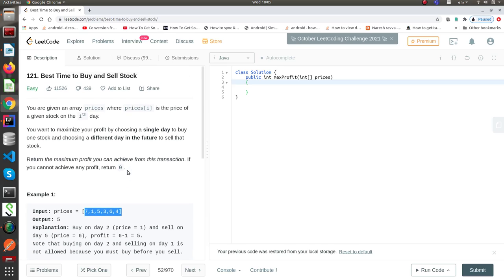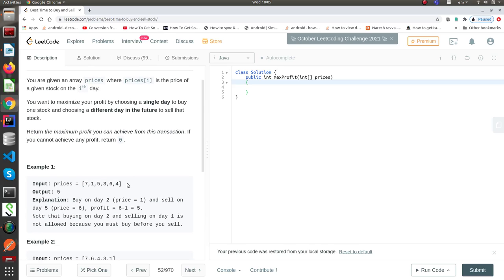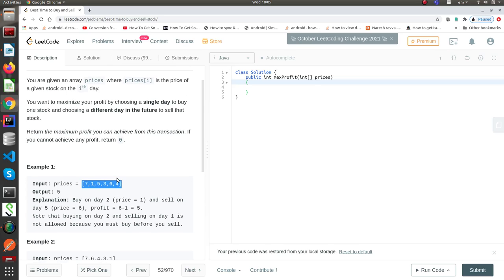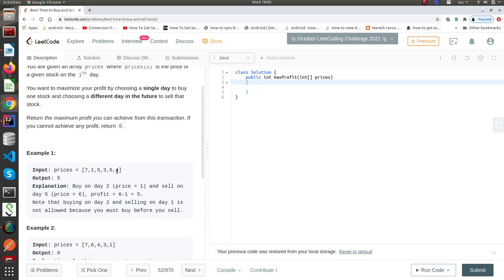So we'll do it with a second approach, which is O of n, looping just once so we can get the result done. For that, we'll take two variables: min price and max profit.